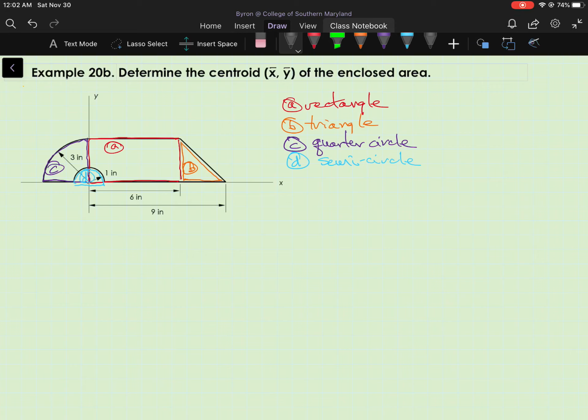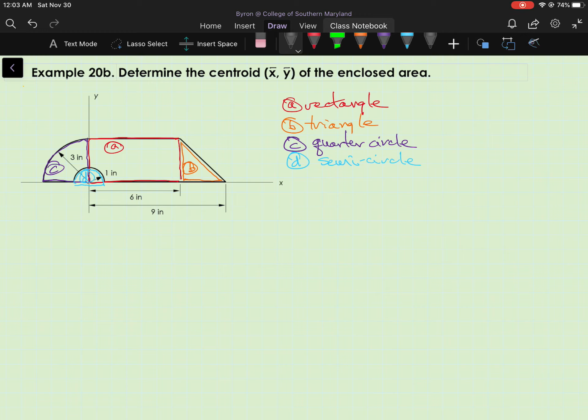And we know how to find the area of a rectangle and a triangle and their centroids. We've been doing that in the course. But the quarter circle and semicircle, we're going to look those up.